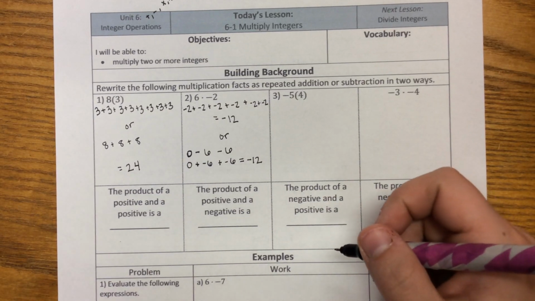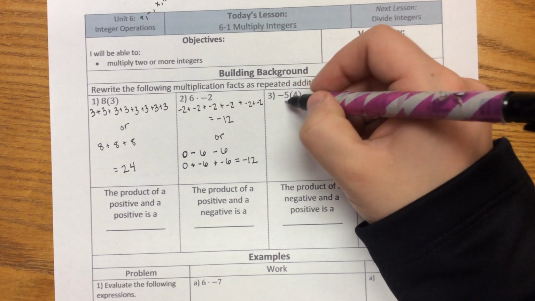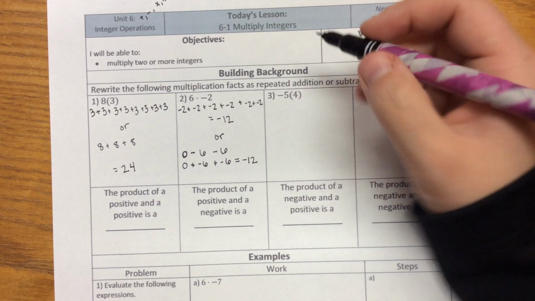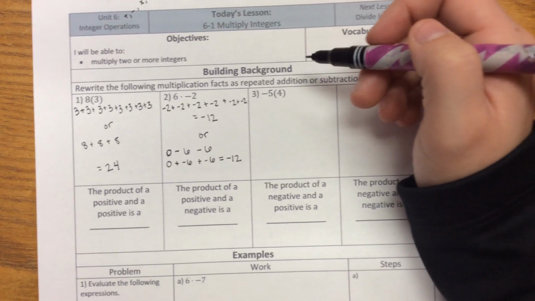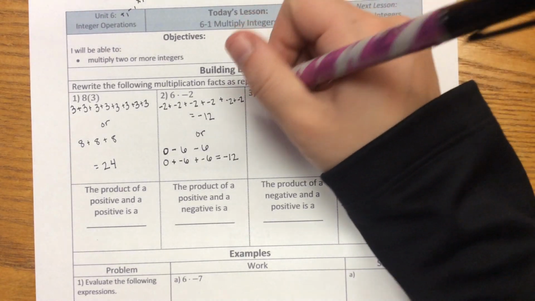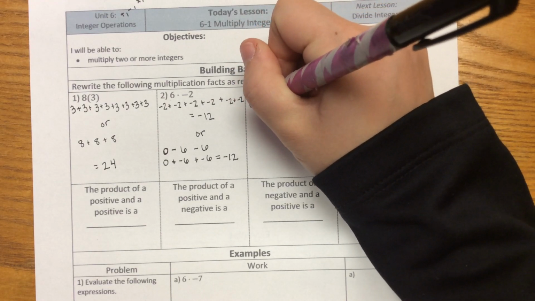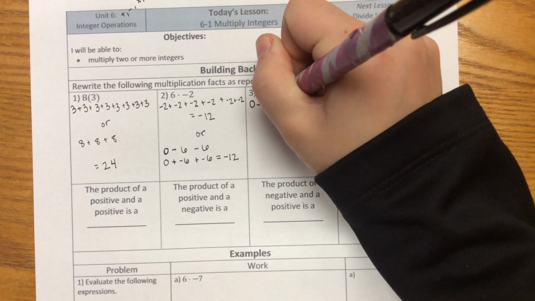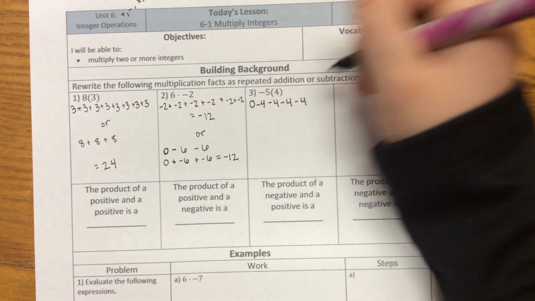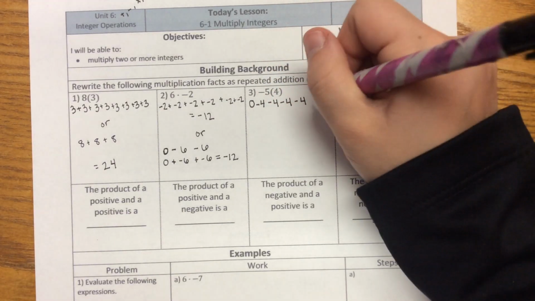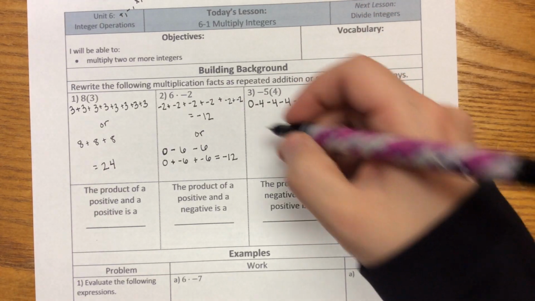Okay. Now I have negative 5 times 4. So again, with that negative 5, we have negative 5 groups of 4. But when I think about a negative 5 amount of groups, that means we have to subtract. When we subtract, we have to start somewhere. So I'm going to start at 0. And now I'm going to subtract 4, 5 times. Okay, so now I'm going to change that to adding the opposite.